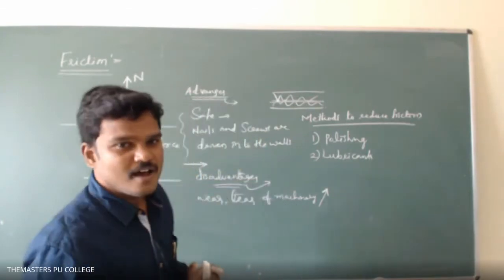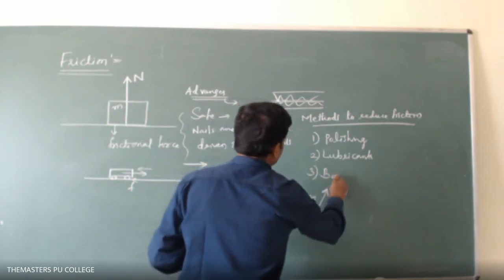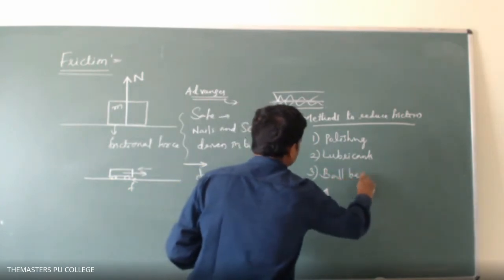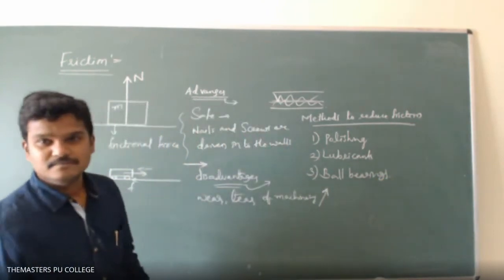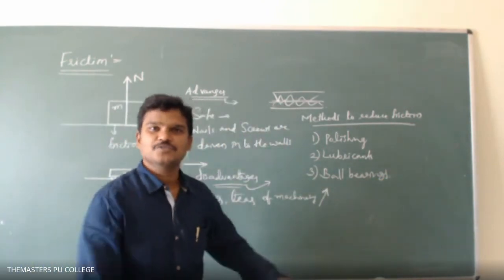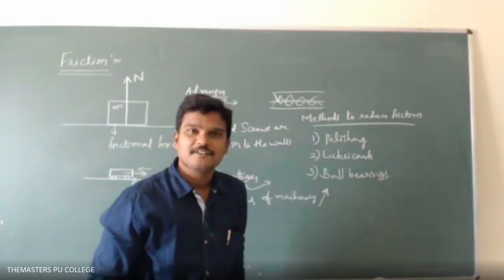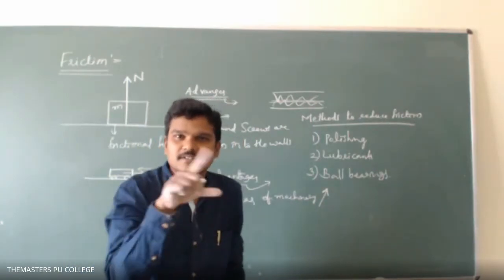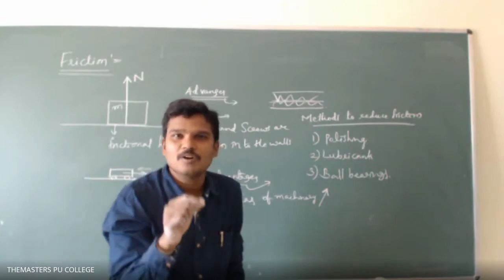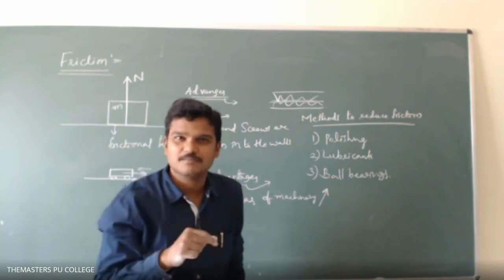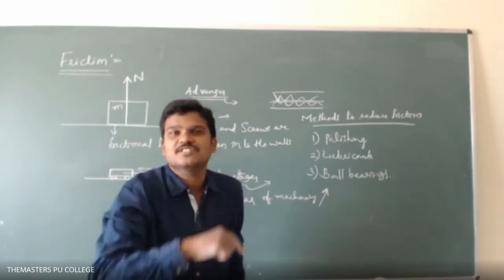And one more is very simple. We can write ball bearings. Just observe the free wheels of a cycle and vehicle. At the midpoint of the wheels of a vehicle, there is some small wheel having some spherical balls, with some grease of course, and the spherical balls reduce the friction.